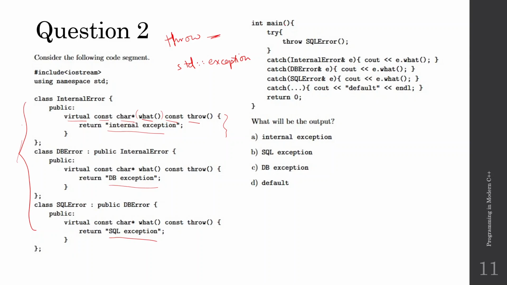Now in the main function, within the try block we are throwing a sql error object, and then we have multiple catch clauses, and in all the catch clauses we are printing e dot what. So we want to know what exception has happened. So now what will be the output?